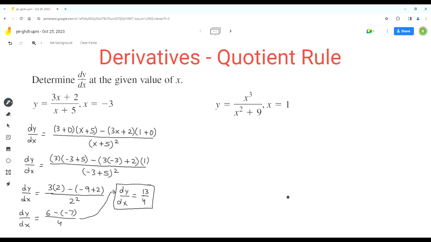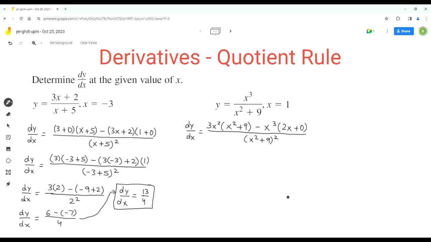We'll start with dy over dx equals, using the quotient rule, the derivative of the numerator expression, which is 3x squared, times the denominator x squared plus 9, minus the numerator expression x cubed times the derivative of the denominator, which is 2x plus 0, over the square of the denominator.